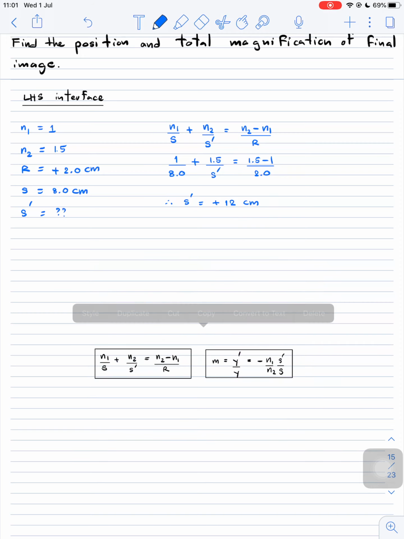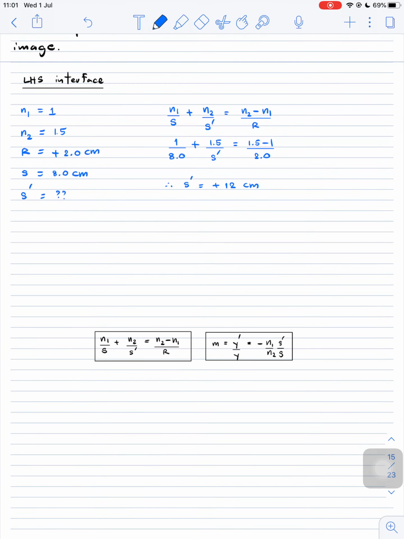And then how about the lateral magnification, right? So let's find m.